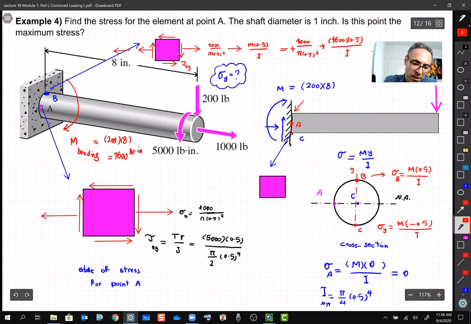Divided by I, okay? Try to draw it, knowing that point C is negative, it is under compression. Remember this: when you apply this load, you try to bend it. So point B is under tension, and the opposite point, point C, is under compression because of that load.